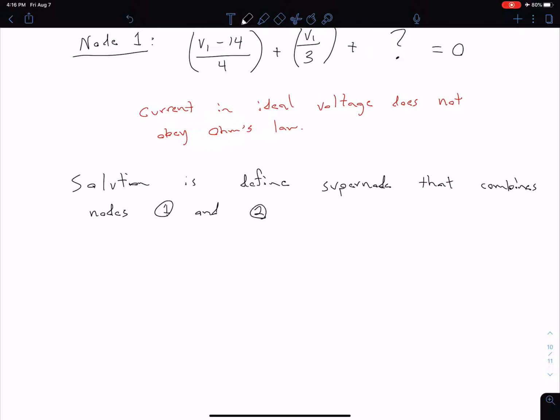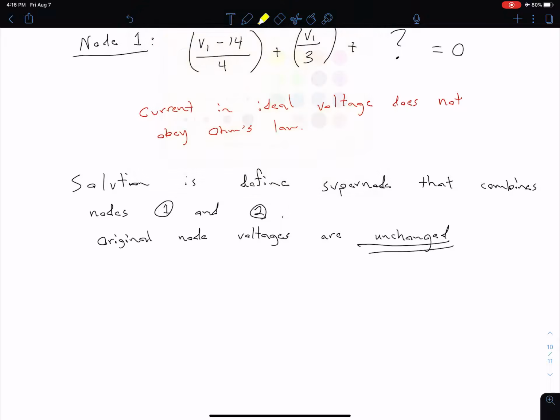One important thing to note is that our original node voltage definitions are unchanged. So our V1, V2, and our reference node do not change at all. Very important point.